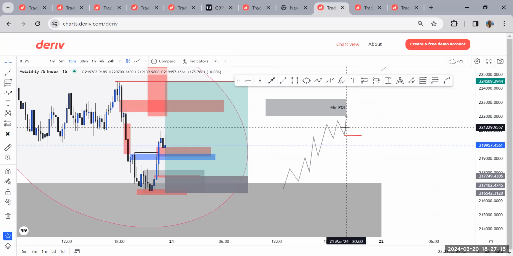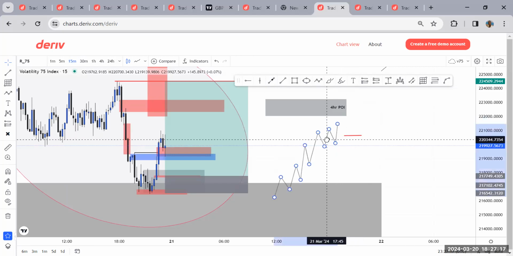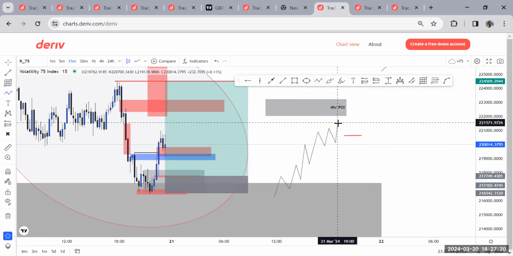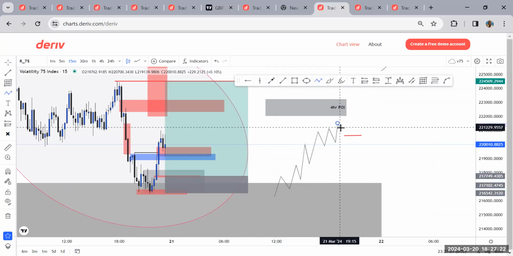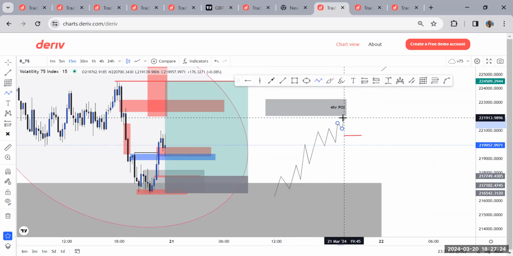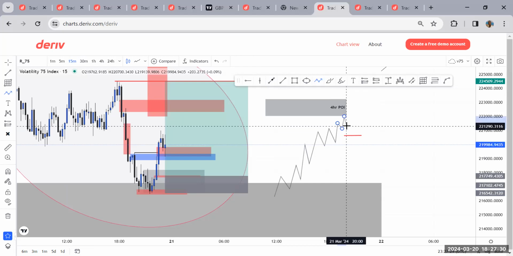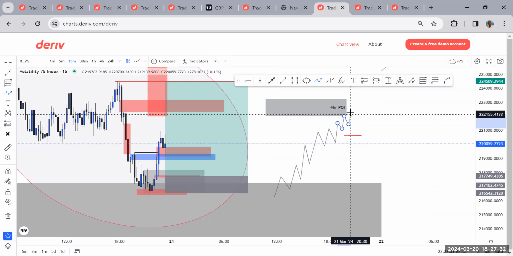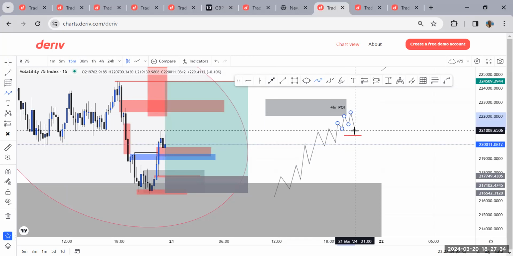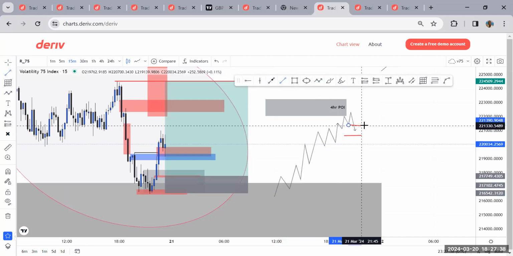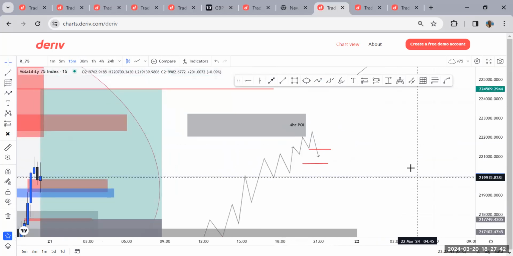Sometimes market can do something like this. Tap the POI, move down a bit, and then sweep liquidity before sweeping this high. And when I see something like this, I smile.